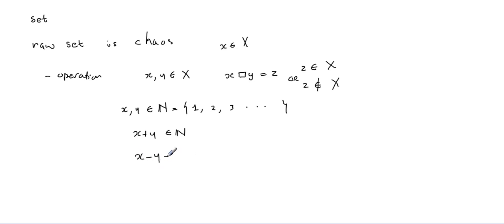Do we say that x is more than y or what? We're not there yet. I'm just saying that if we take any two natural numbers and add them, the result will be in there.